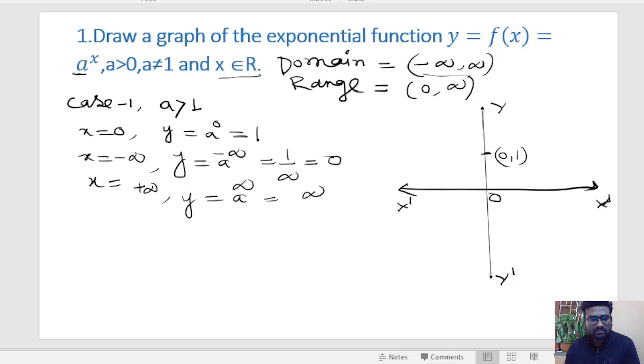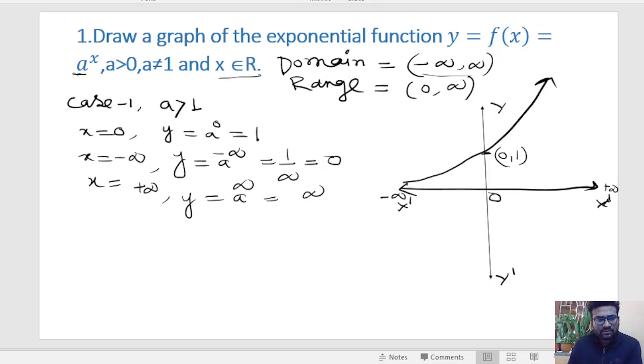So the given values are put on those axes, and this is minus infinity and this is plus infinity. So my function goes like this. This is the function of a to the power x.